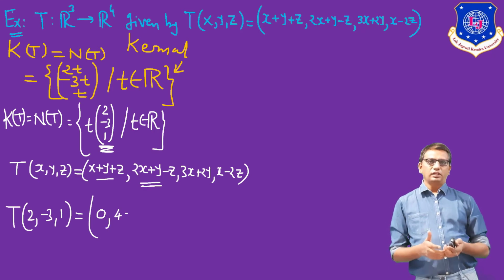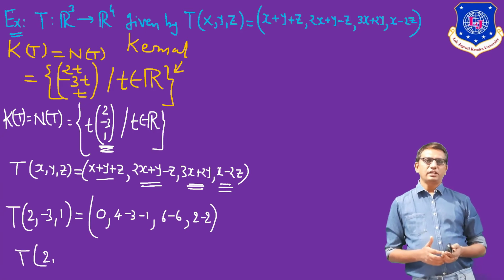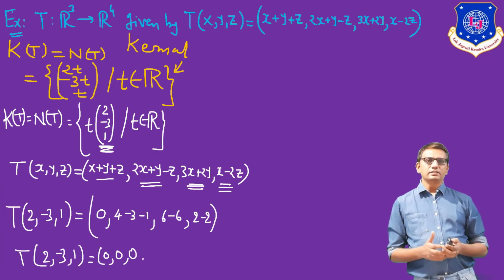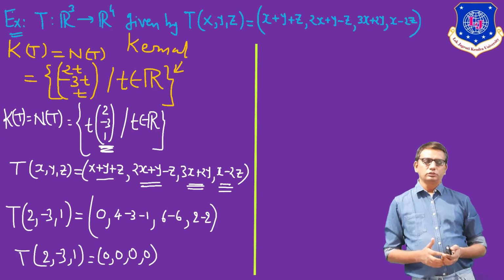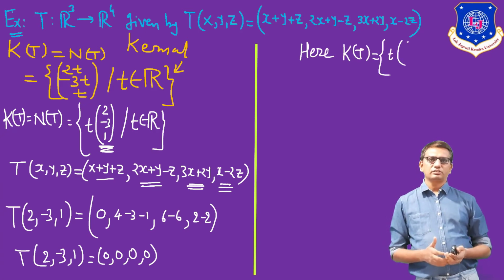And after taking t equal to 1, we get the right hand side is obviously 0, 0, 0. So that is just a verification of our vectors.